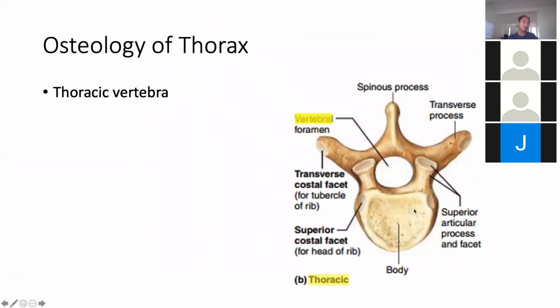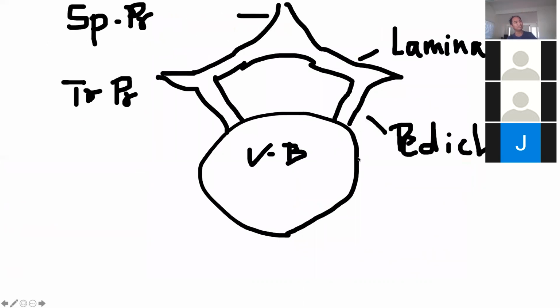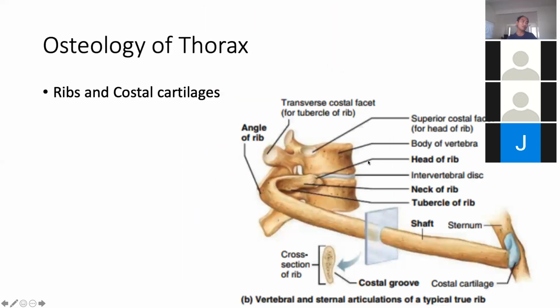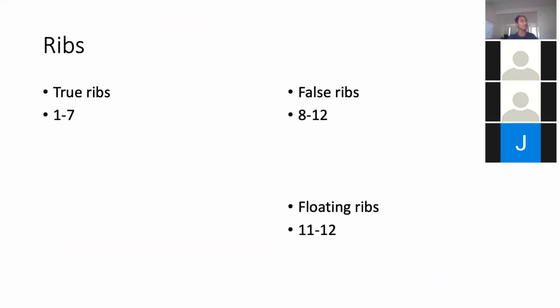So thoracic vertebrae, I believe you know already. And this is the simple diagram. So vertebral body, pedicle, lamina, going transverse. So transverse process, going to the back, spinous process. Okay, let's move on. So the ribs, we know that already. True ribs, false ribs.